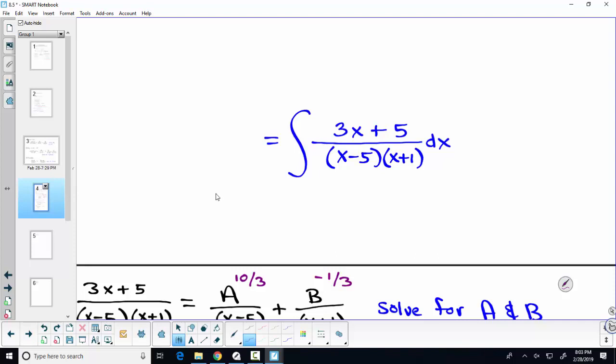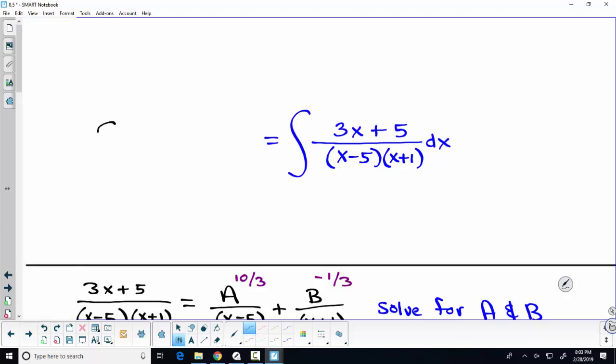Well, that's weird. I'll just rewrite it. What is the integral of x squared minus 4x minus 5 dx.